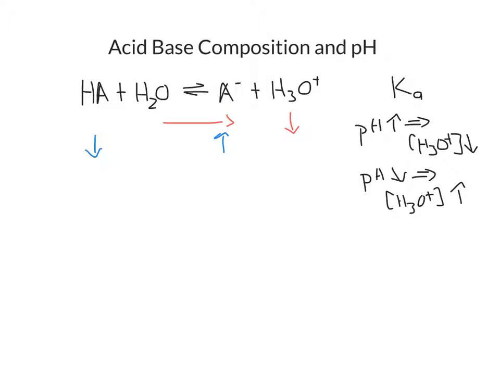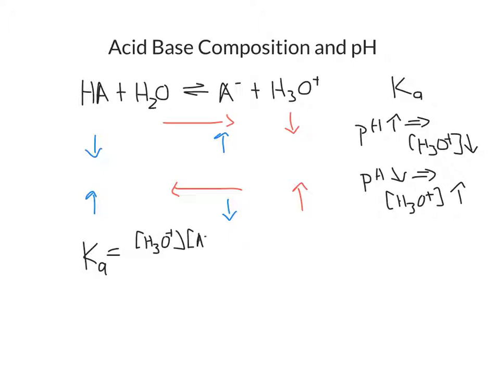And if I do that, Le Chatelier's principle tells me that I'll need to use some of that up, and so the reaction is going to shift in this direction, causing the A- to be used up and the HA to be made. And so as I decrease the pH, I will increase the amount of conjugate acid and decrease the amount of conjugate base.